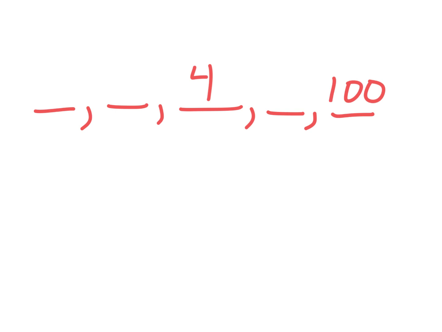So figure out, if I'm multiplying by something, then what am I multiplying by? And therefore, what's your R, which is the common ratio, and what's your A?